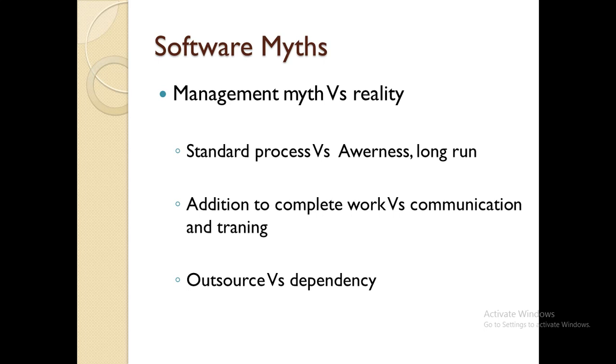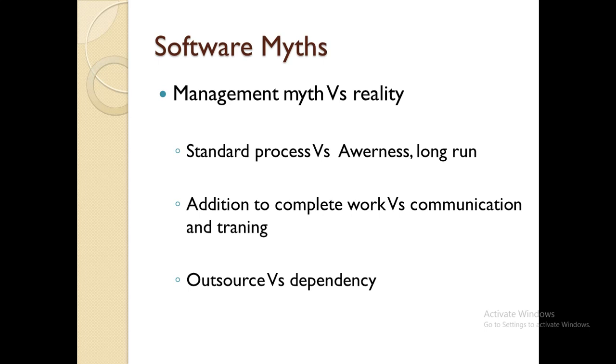Now we'll come to software myths. Software myths are divided into three types: management myth, customer myth, and developer myth. Because whenever we want to develop any software, we know that three entities are involved: one, management; second, a customer; and third, a developer.